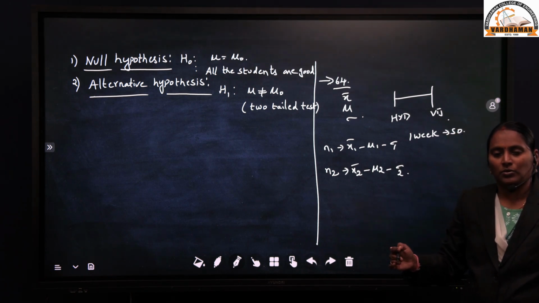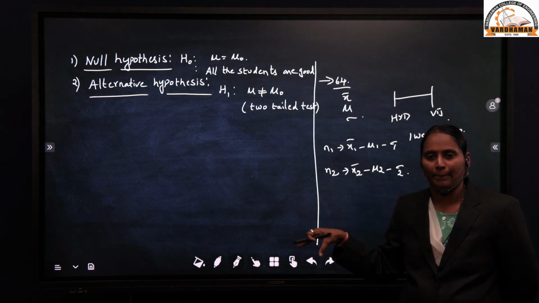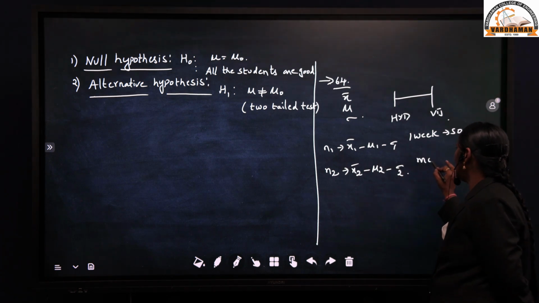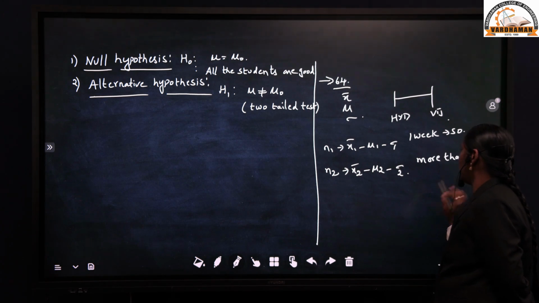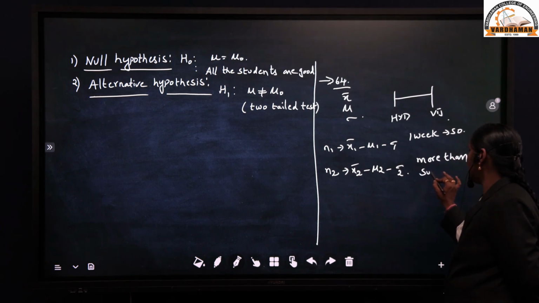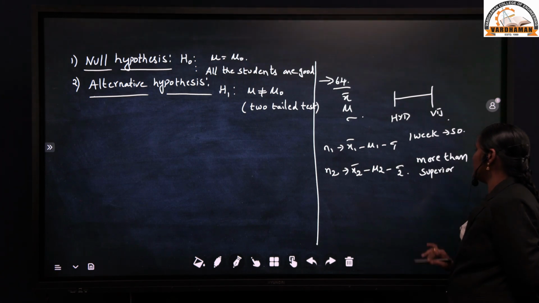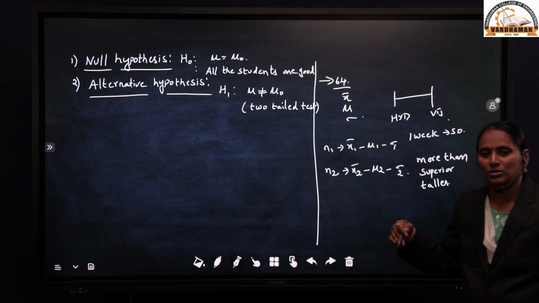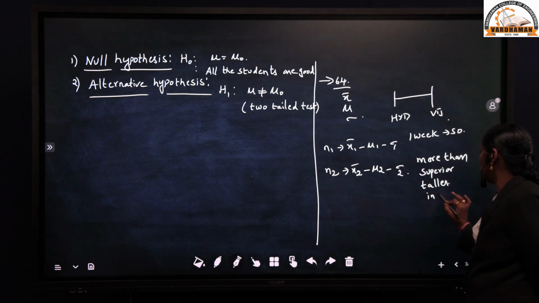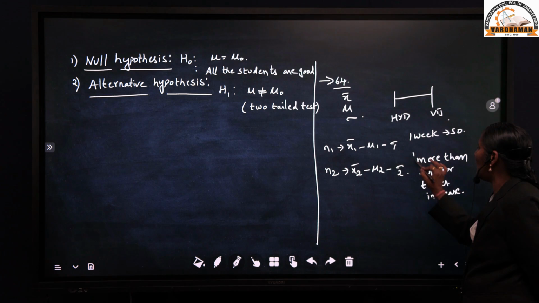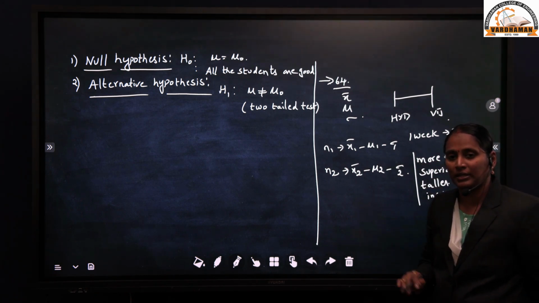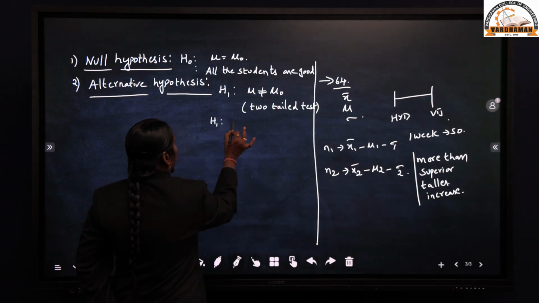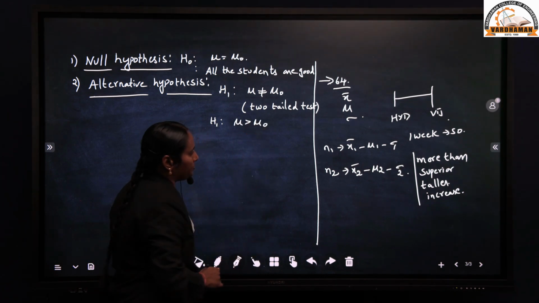Now if the given question, while comparing these two samples, says the first sample observations are more than the second sample observations, or the first sample is superior to the second, or, if we compare the heights of students, the student is taller than, or the data is going to increase, then we write H1: mu greater than mu naught.